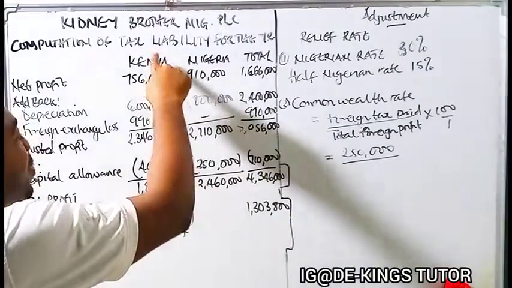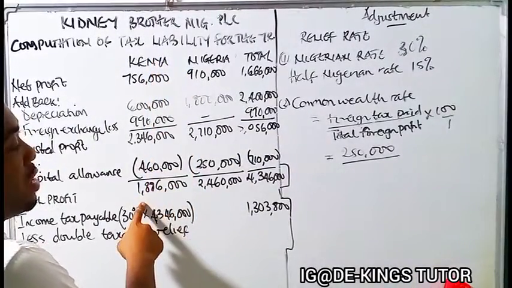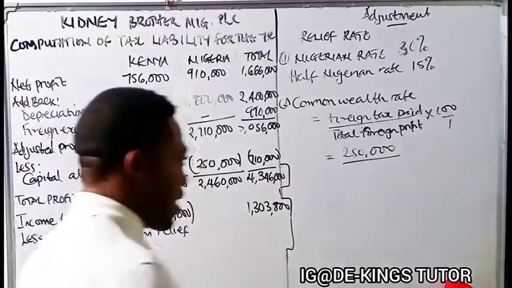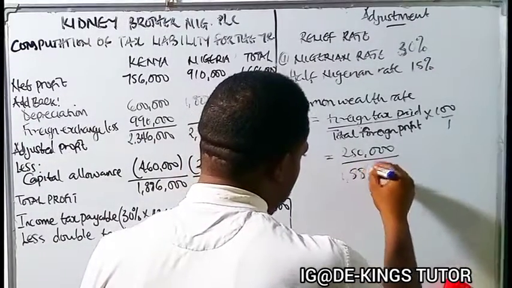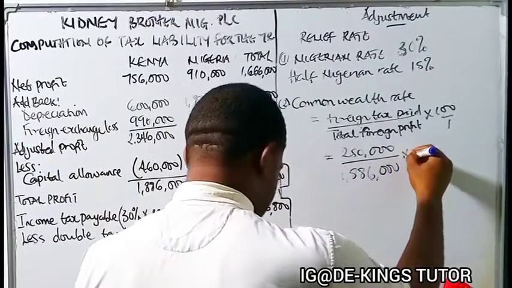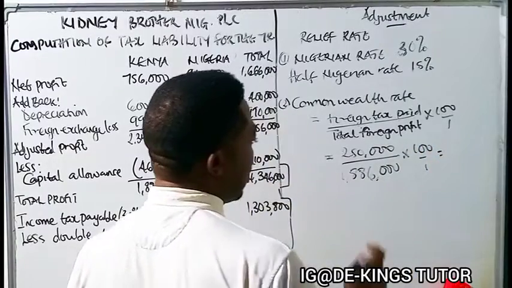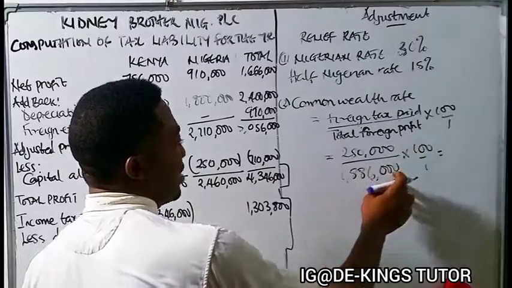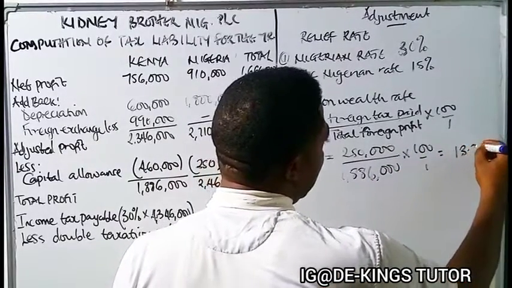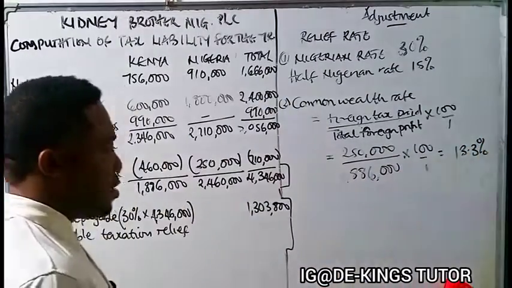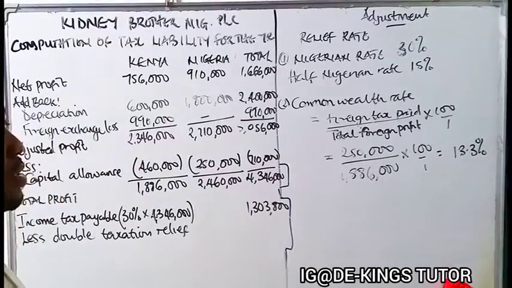That is the essence of preparing that for Kenya, so that we know this. So we're going to get 250,000 over 1,886,000 times 100/1. If we use our calculator, it will give us 13.3%. Okay, 13.3%.